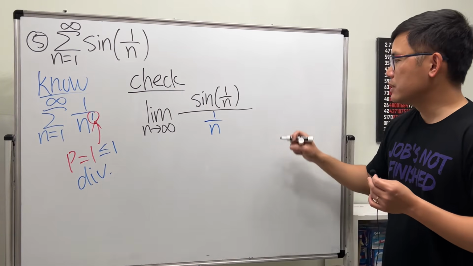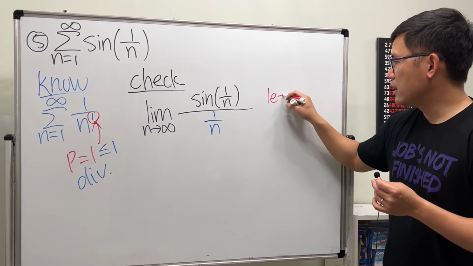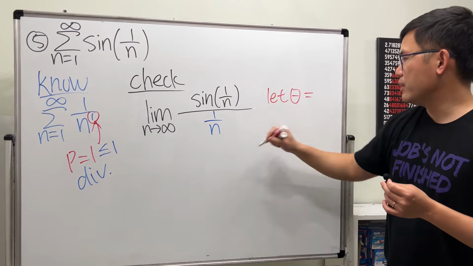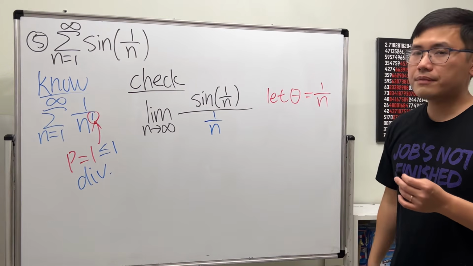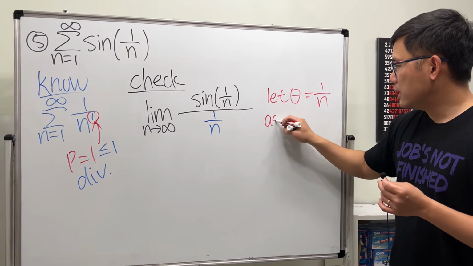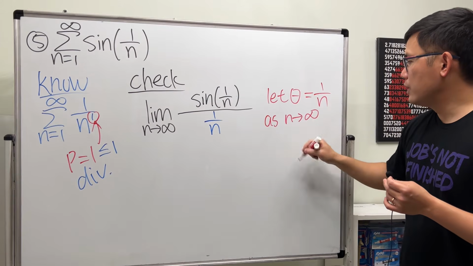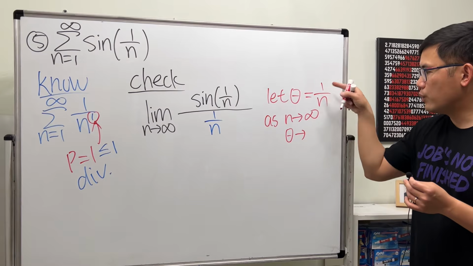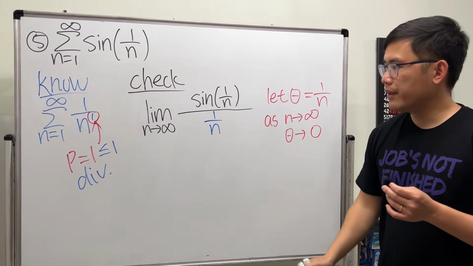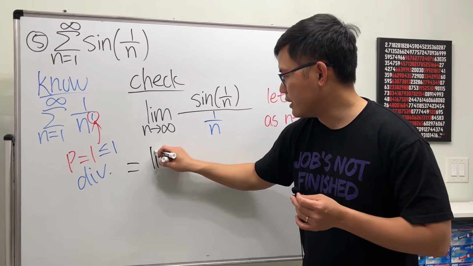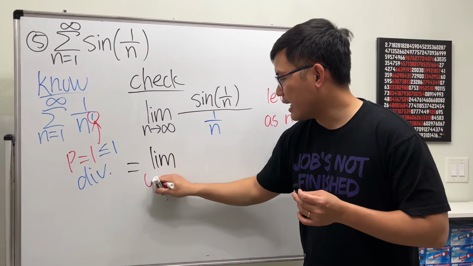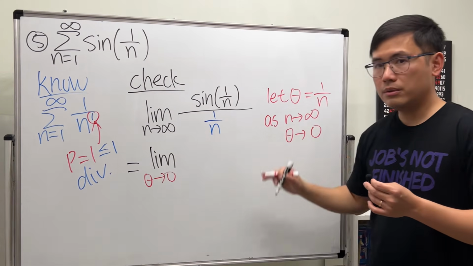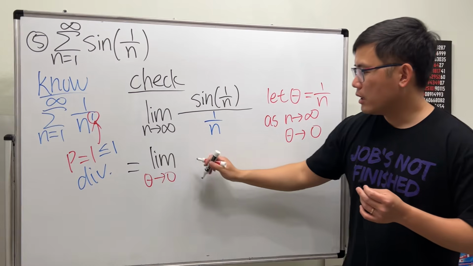What we are going to do is say, let theta, the input here, be 1 over n. So as n goes to infinity, theta will go to 1 over infinity, which is 0. So we have the limit as theta goes to 0 after the substitution.